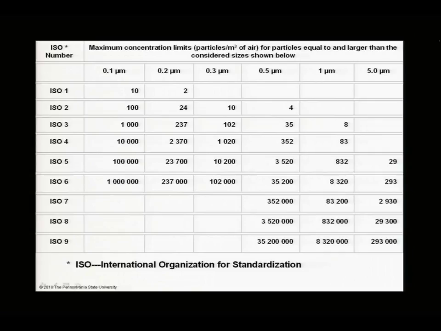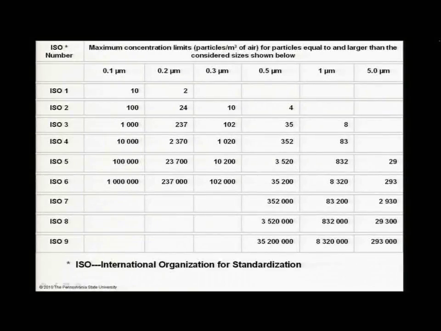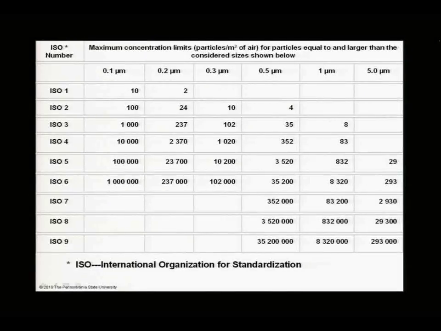So instead of classification Class 1 or Class 10, these are ISO numbers, an alternative way of classifying, quantifying the cleanliness of air. And you can see ISO 1 standards, ISO 2. So ISO 1 standard, again, that's the cleanest.